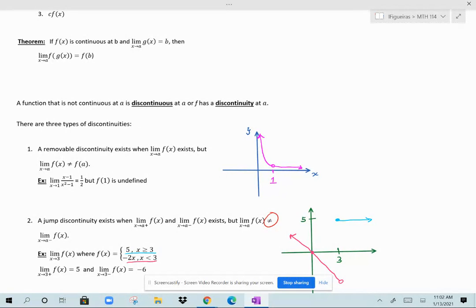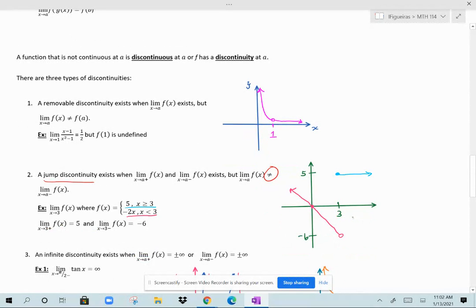But basically, we call this a jump discontinuity because on the graph, it really looks like you're jumping from one piece of the graph to another piece. So I have one piece graphed here in this hot pink color and another piece graphed in this lighter blue, and that represents this function here. So it's a piecewise function.